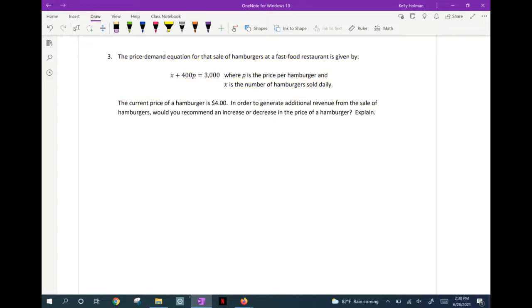Okay, so here we go. We need to do a couple of things. The first thing we need to do is rewrite the equation to be X equal F of P, right?